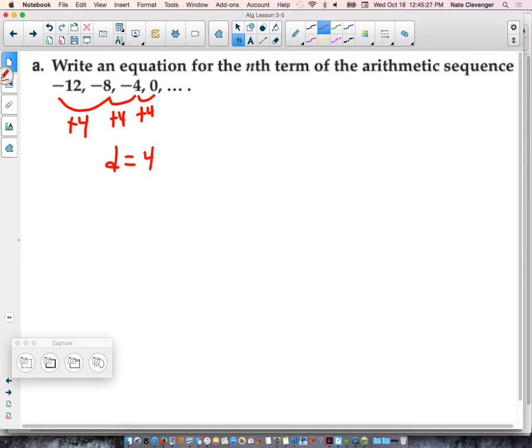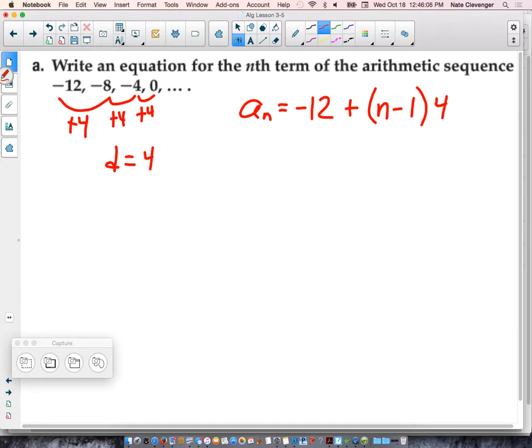We're looking for the nth term of this, so a sub n would be, what's the value of our first term? Negative 12. And then it's plus, right? In the formula. Plus, what term are we looking for? We don't know yet, but we can put n minus 1 times the common difference, which would be 4.